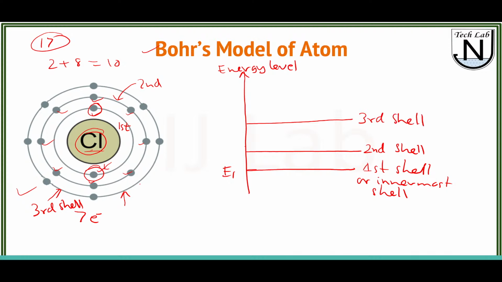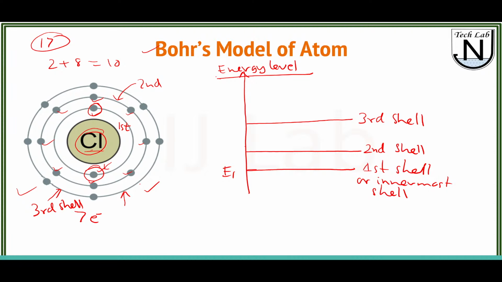So it means that as we move away from the nucleus, the energy of the shells increases, right? And over here I just talked about a single atom, and when we talk about a single atom, we talk about the concept of energy levels, right?